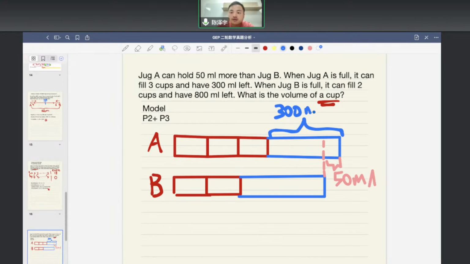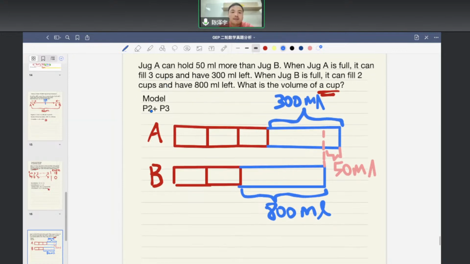Let me write down the unit for both. Here is 800. So this is our model for the question, A and B.